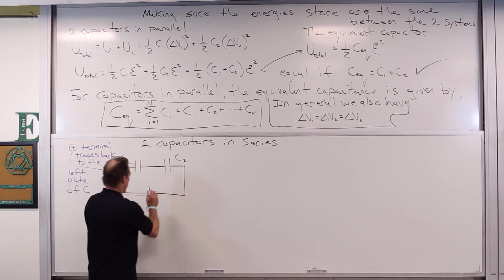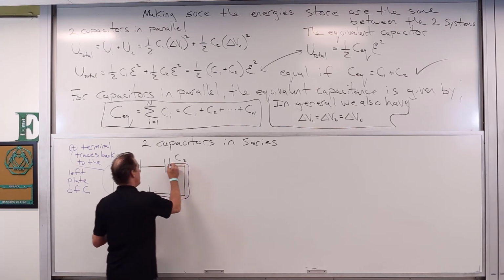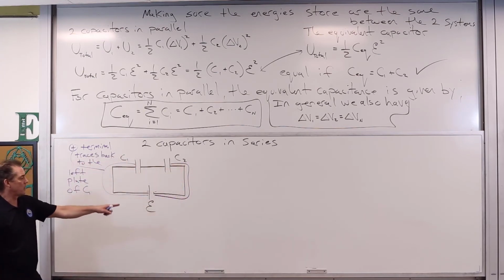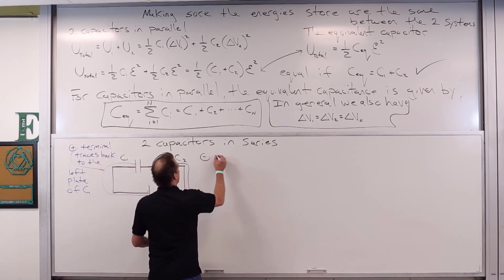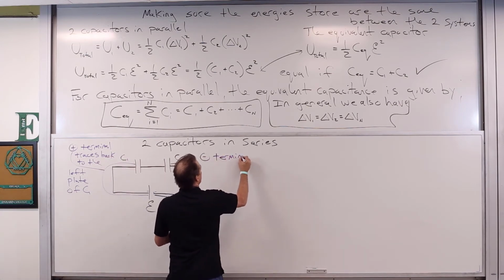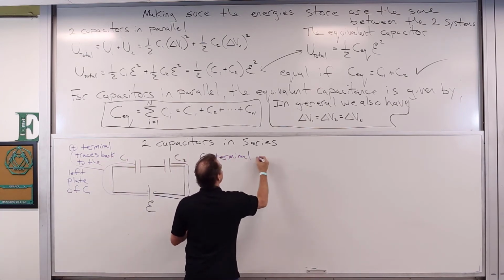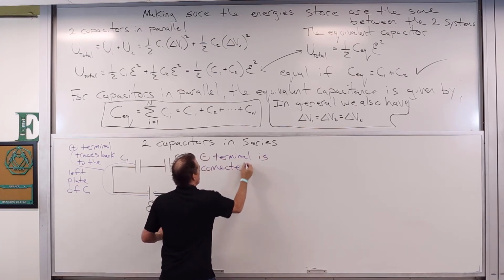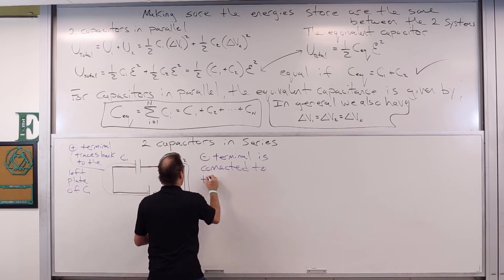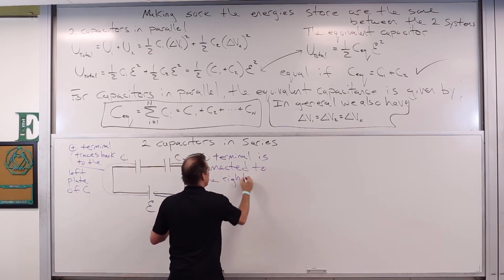All right, what about this side? Well, this side, the negative terminal traces back to be connected to the right plate of C2. Minus terminal of the source is connected to the right plate.